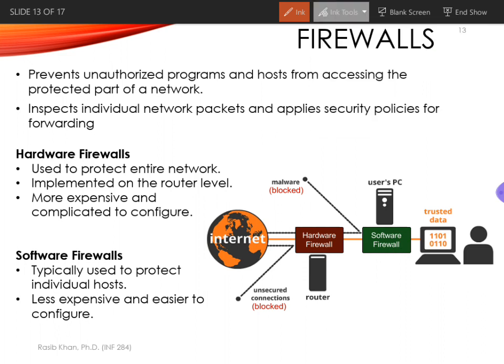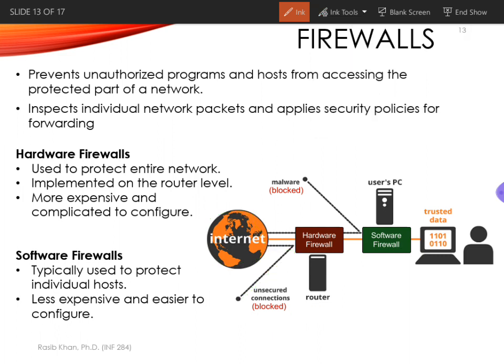So if from the internet there is an unsecure connection, someone like an attacker trying to access the network and hack into the internal network, the hardware firewall will block the unsecure and unauthorized connection that is originating from the internet.